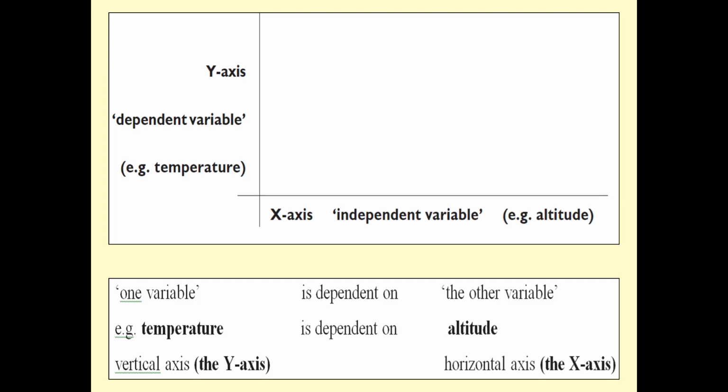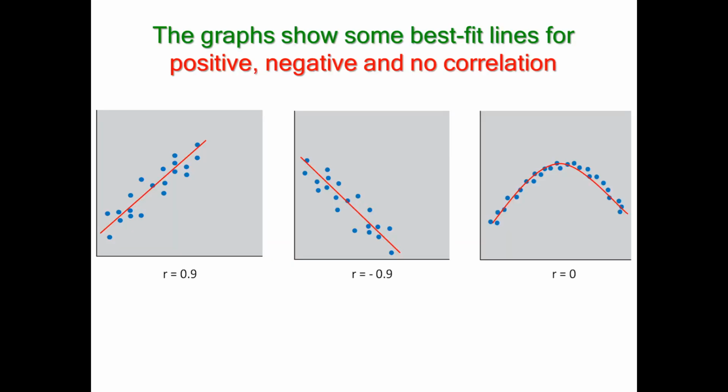All we need to do is to plot the points on the graph using these two axes to get our scatter graph. Now these are the graphs that show some best fit lines for positive, that is the left diagram, negative, that is the middle diagram, and no correlation, that is the extreme right diagram.